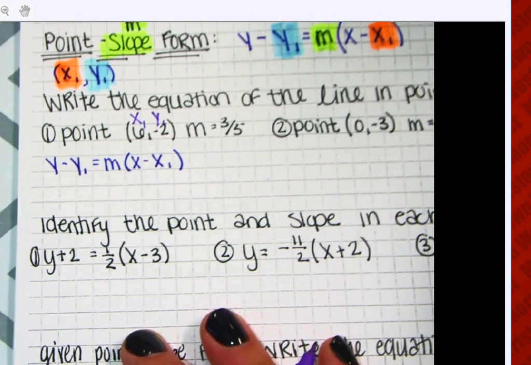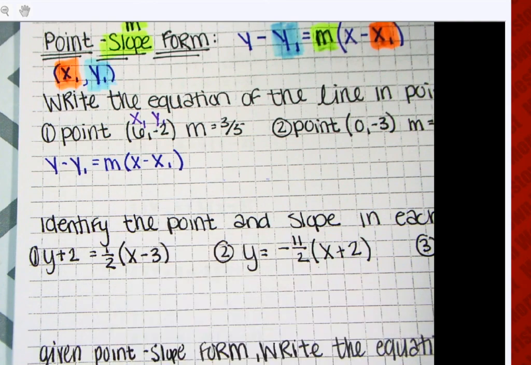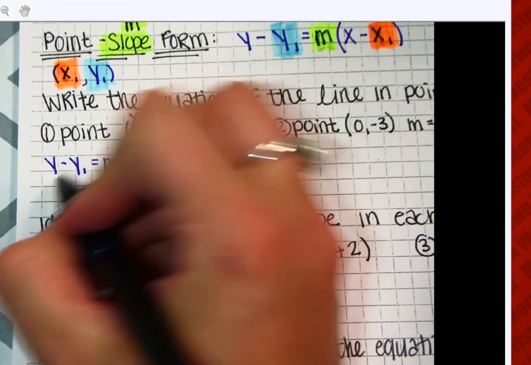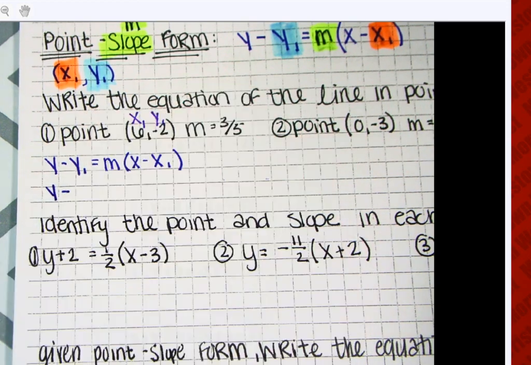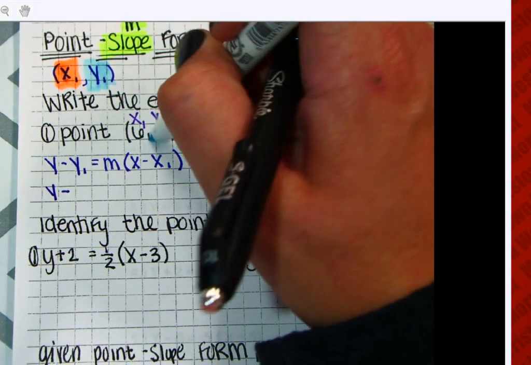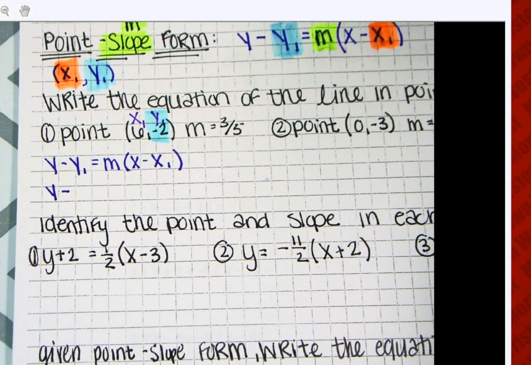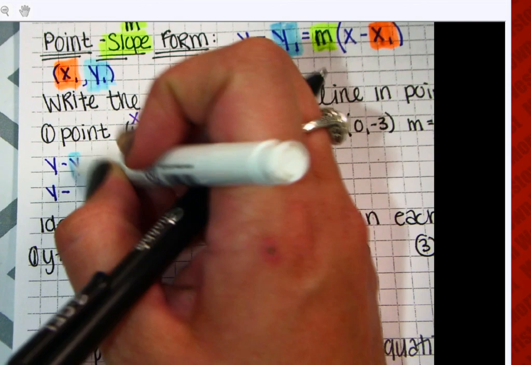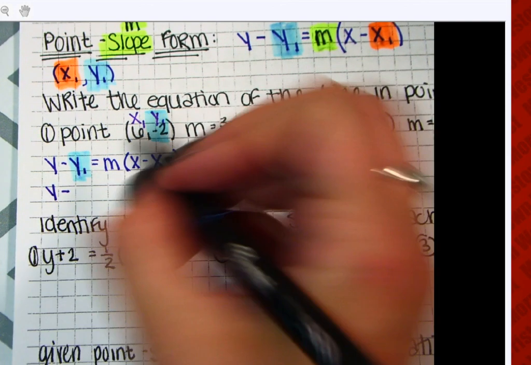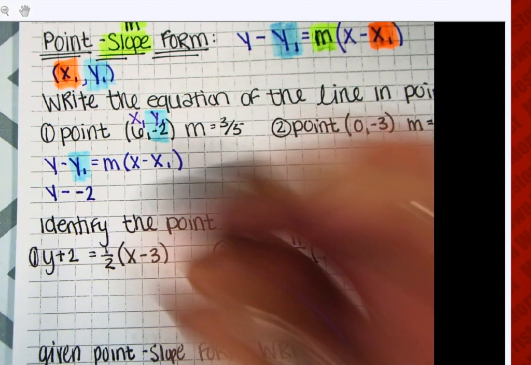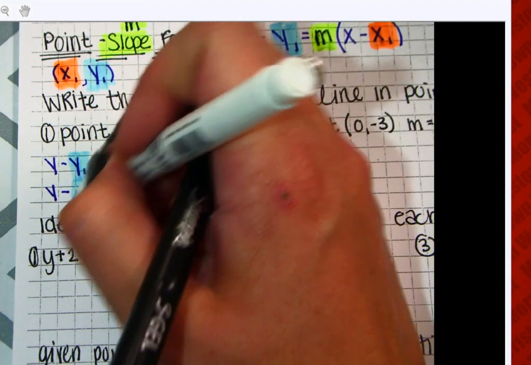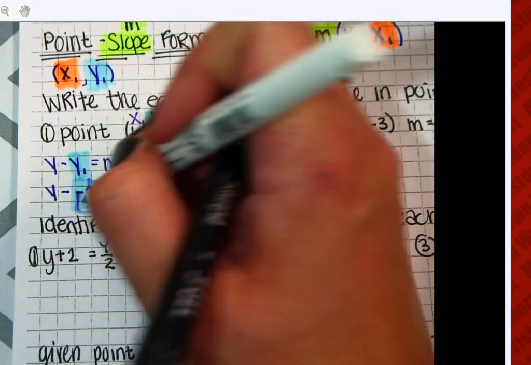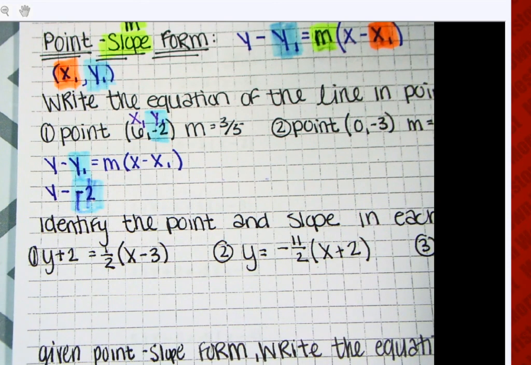Okay? We've already got slope. It's labeled m. So now I can substitute. Y minus, so what is my y1 value? Negative 2. And when I substitute, I'm not just going to put a 2, I'm going to put a negative 2. Now, just like in slope, if I've got the double negative, you can write positive.